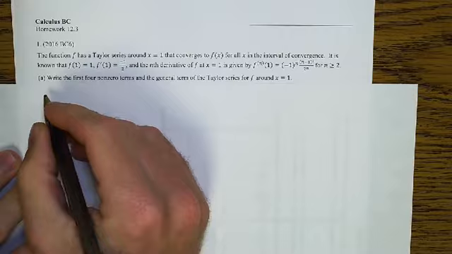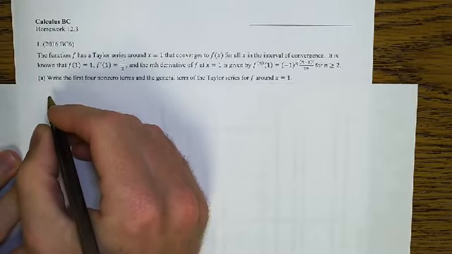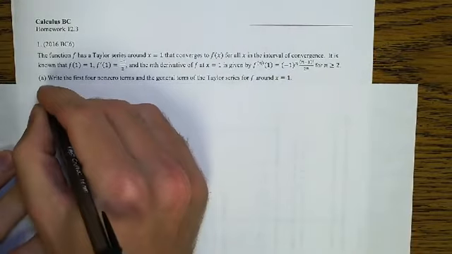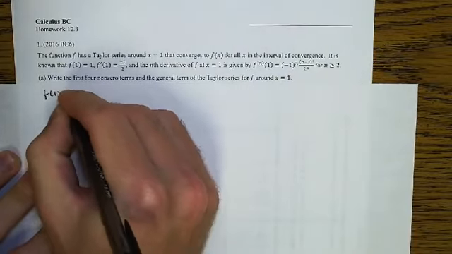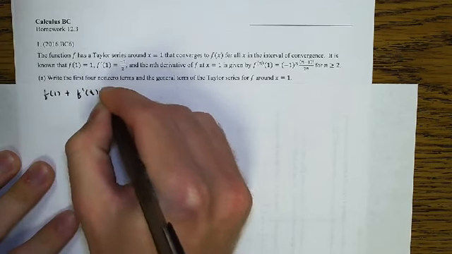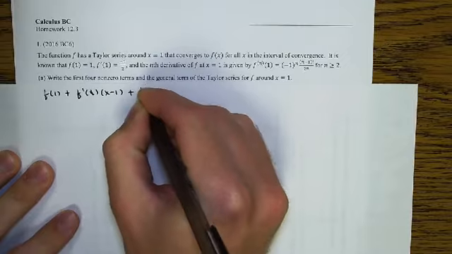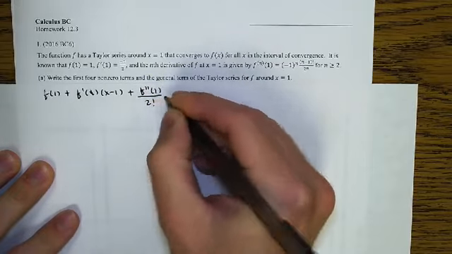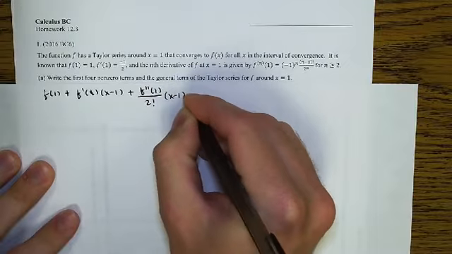We know that the nth degree term is the nth derivative of f divided by n factorial multiplied by x minus 1 to the n. So it's going to be f of 1 plus f prime of 1 times x minus 1 to the first, plus f double prime of 1 divided by 2 factorial, x minus 1 to the 2.